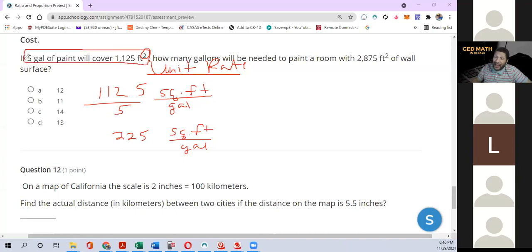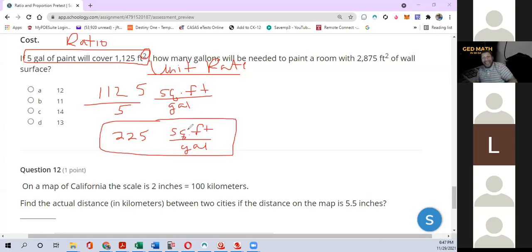Remember, what I said was a ratio is a comparison of 2 values. So what's the comparison? Well, 5 gallons will cover 1125. This is the ratio that we know. So what that tells us is by unit rate, each gallon of paint will cover 225 square feet.